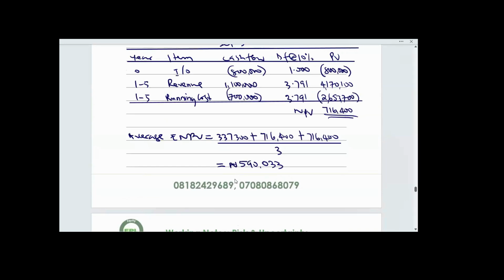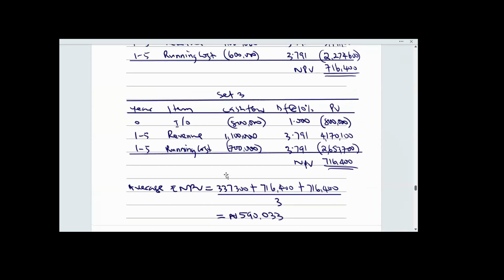This is where we are going to call it a day. Like I said, we have one more period to go. So in our next class, by the grace of God, I'll be taking you through decision tree. After decision tree, we are going to decision making under uncertainty.